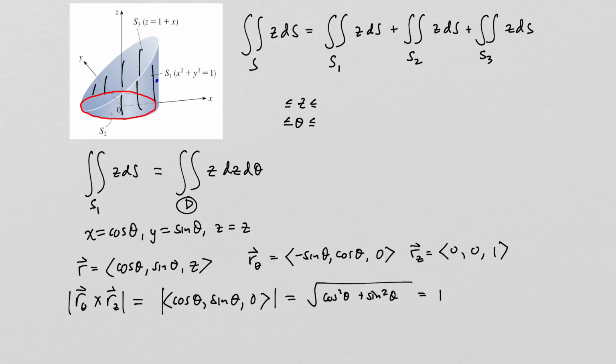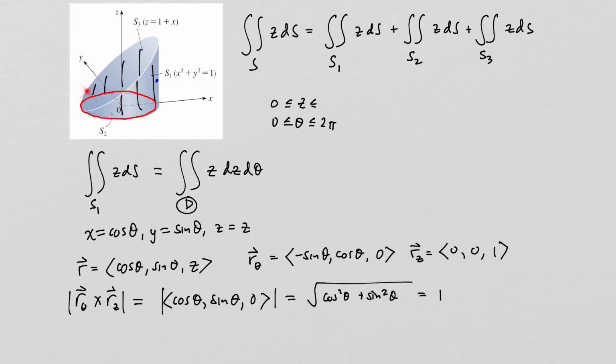Well, theta quite clearly goes between 0 and 2 pi because we have to go all the way around to capture the whole thing. The lowest value for z is, of course, 0. But then the highest value of z depends on where you are, right? So if you're over here, the highest value of z might be 2 or something. But if you're over here, the highest value of z is going to be less than that. So how do we know what that is?